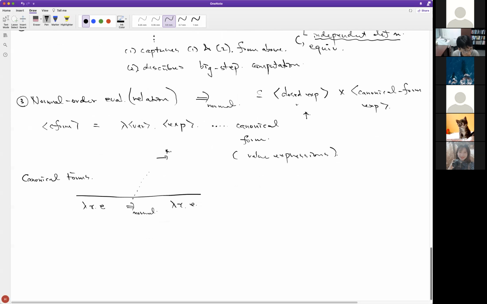For function application, we have another rule called application, or sometimes called beta evaluation.